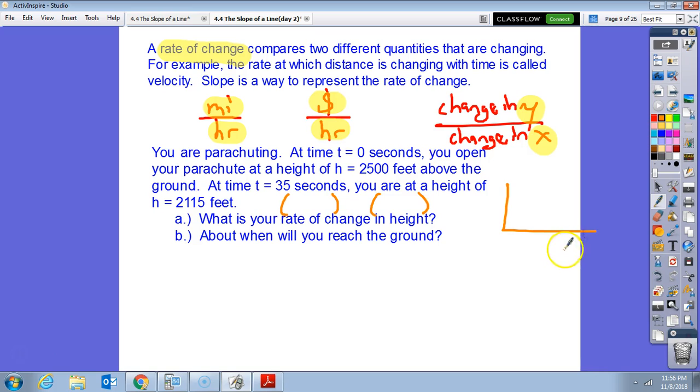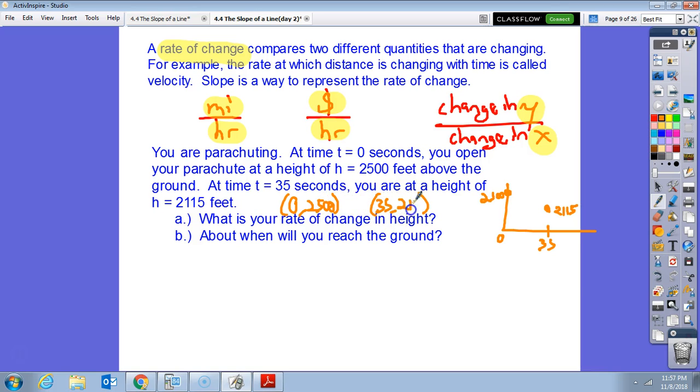If you think about it graphically, you open your parachute at 2,500 feet, 0 seconds. That's a point. And then you're falling down to the ground, 35 seconds later you're at 2,115 feet. That's 2 points on the graph. So 0, 2,500.